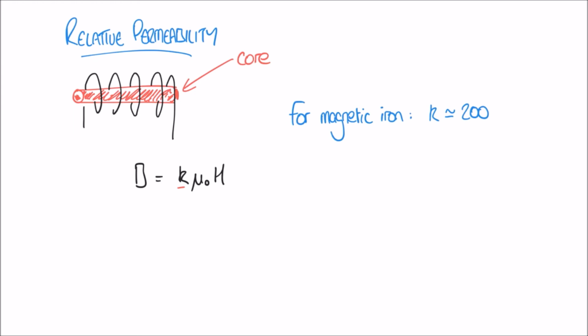If we imagine that this is the same coil as our previous example, just with the addition of an iron core, we can calculate our new magnetic flux density, because B equals K, which is 200, times mu naught, times H, which if you remember was 20,000 amp turns per meter.